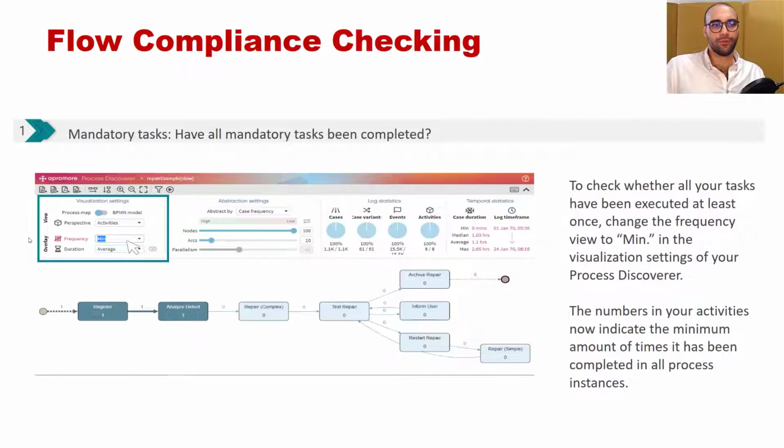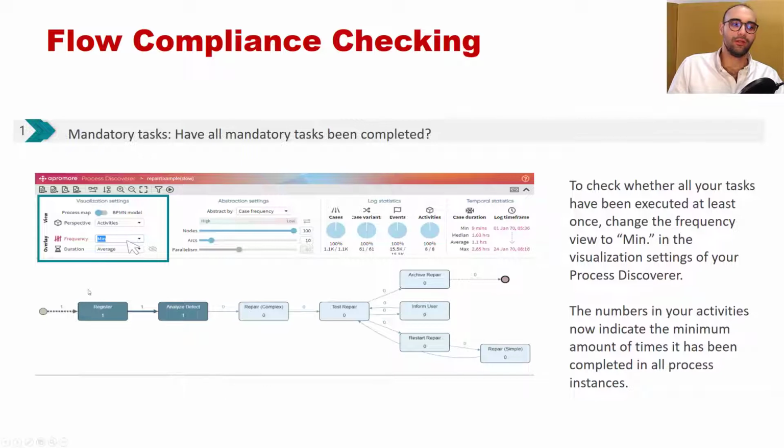The first one is flow compliance checking, where we detect the rules for specific activities or for the relation between activities. The first thing that we usually go after is to check for the mandatory tasks. We can do that using the minimum frequency aggregation.